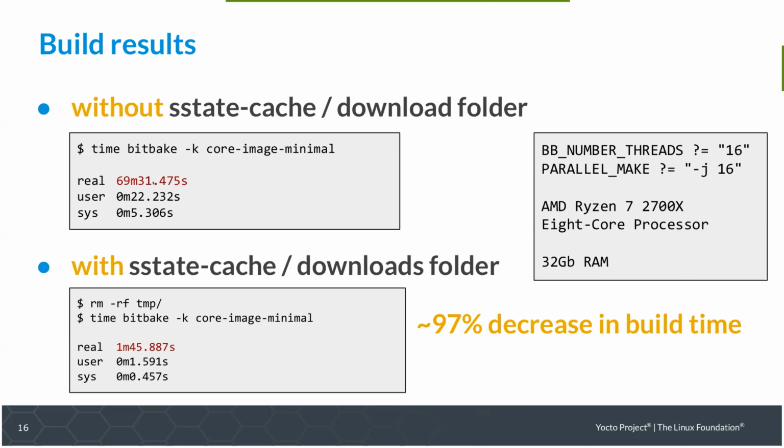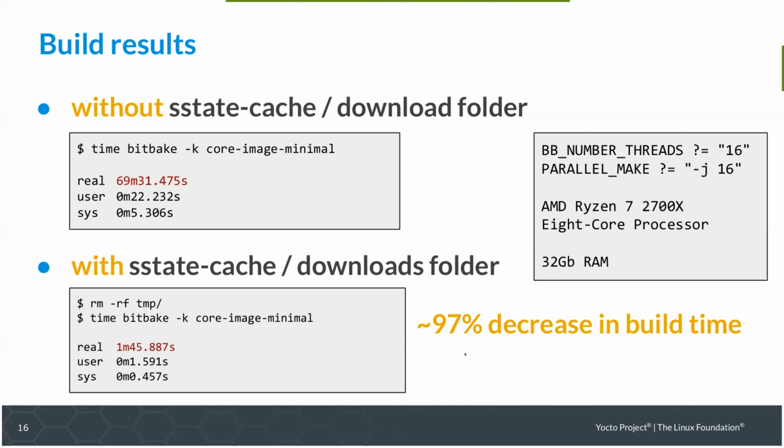It took me something about 1 hour and 10 minutes to do a first build. And then next I removed my TMP folder, my output folder, and I did another build, but this time I have the cache enabled that I got from the previous bitbake. And you can see the time it took to generate an image was 1 minute.